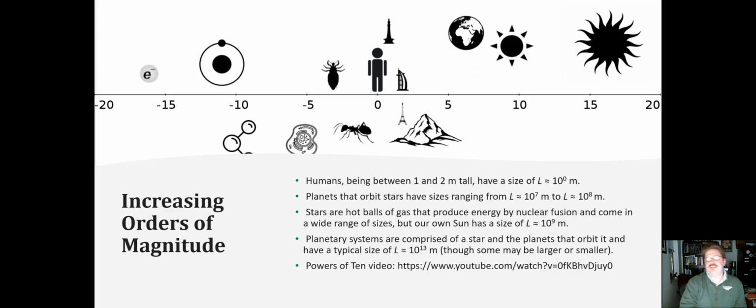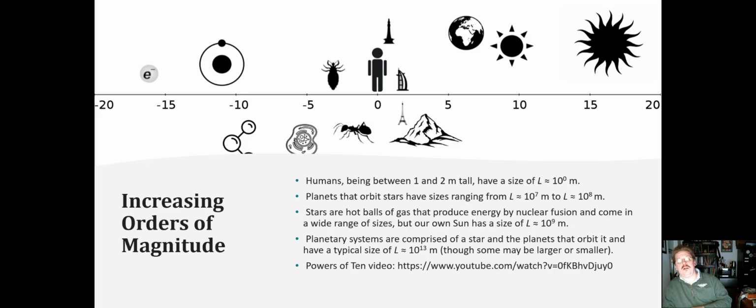So I've already talked about this as essentially increasing orders of magnitude. You can go all the way down to negative 15 for the size of protons, all the way up to positive 15 for the size of stars. So there is basically 30 orders of magnitude between the smallest objects that we study and the largest single objects that we study, thereabouts.